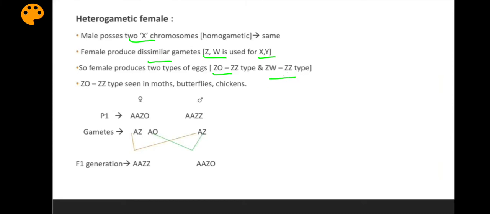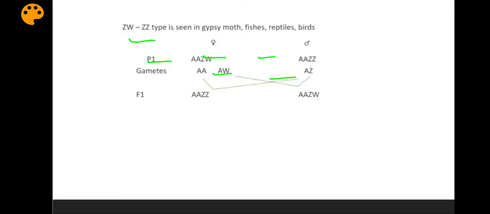ZO, ZZ type is mostly seen in moths and butterflies. In ZW, ZZ type, the female has alternative forms of alleles, ZW, and the male has the same type.